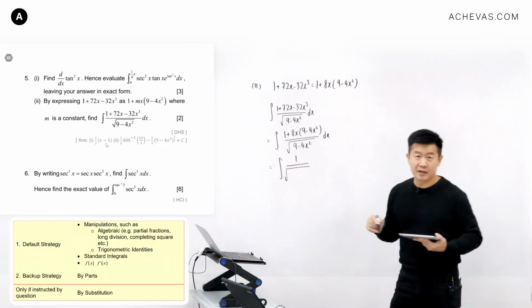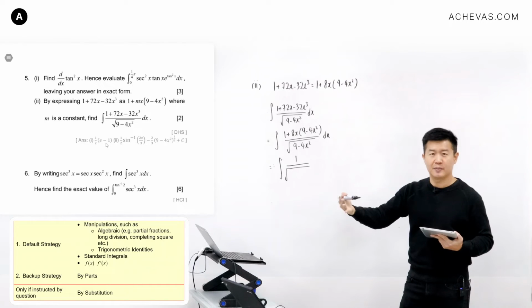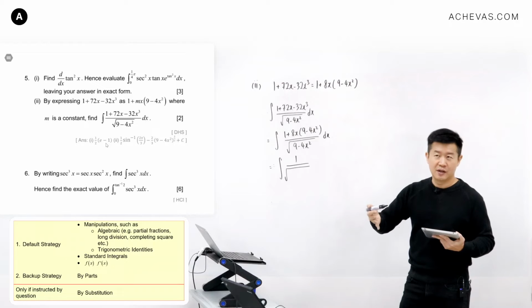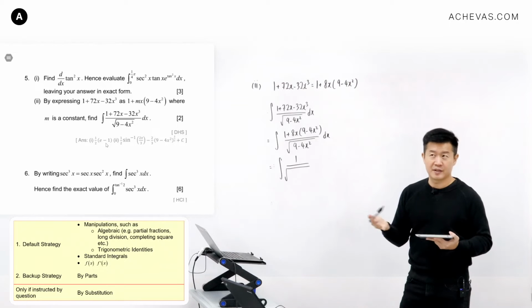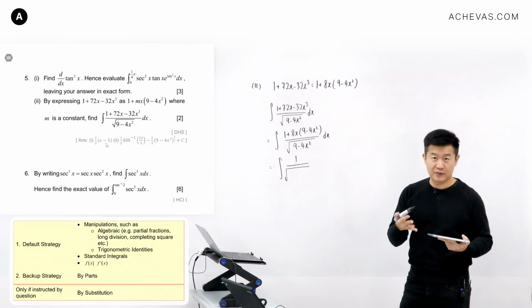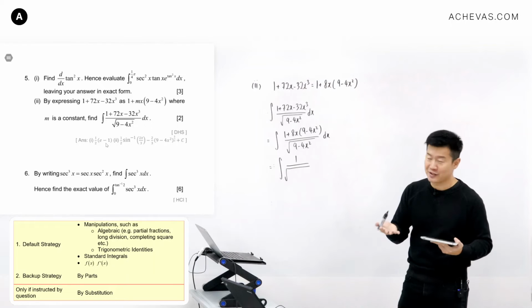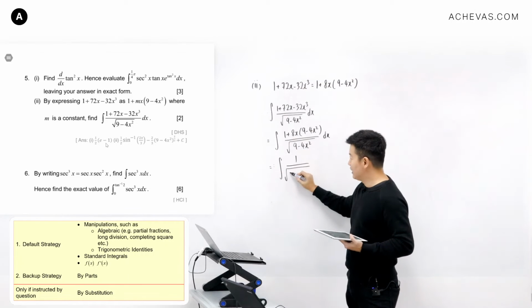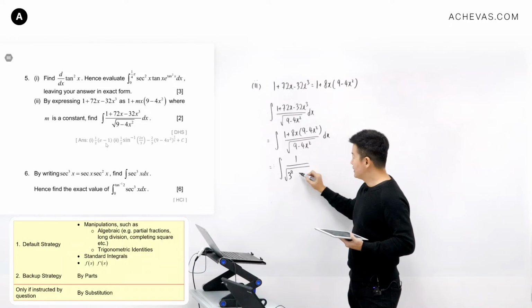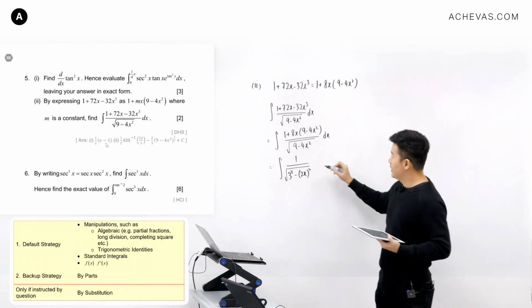divided by the square root of 9 minus 4x squared, and I can see the potential of integrating this using the standard result, specifically the one that gives us sine inverse, right? So I'm going to rewrite this 9 as 3 squared, and this as (2x) squared, which is 4x squared.